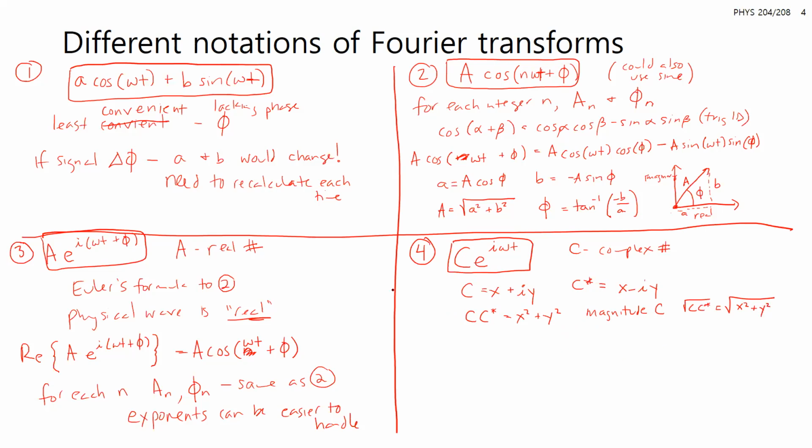So here the C can account for the phase information within that constant. Simplifying this even more, there's going to be a value of Cn for each integer frequency value, omega n.